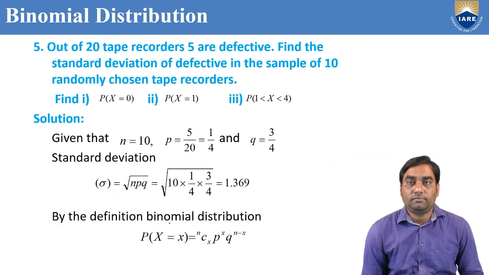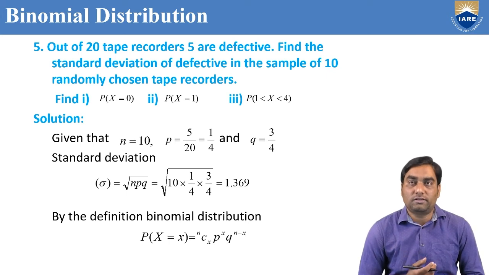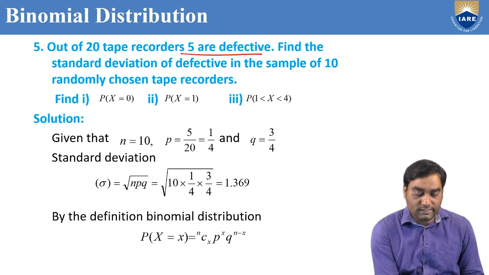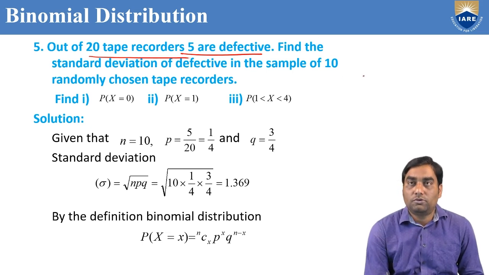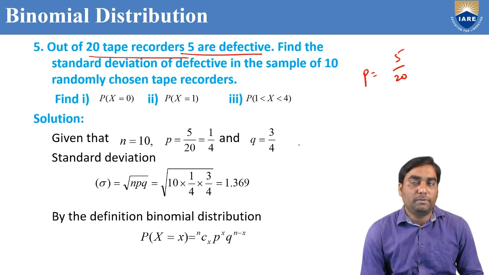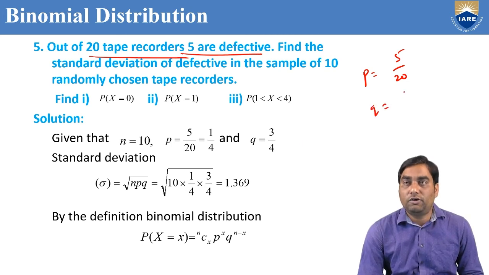0.539. Now, another problem. Out of 20 tape recorders, 5 are defective. In this statement itself the p value is given. For every 20 tape recorders, 5 are defective. That means if you assume defective as success, the probability of success is 5 by 20. Then q equal to 15 by 20.